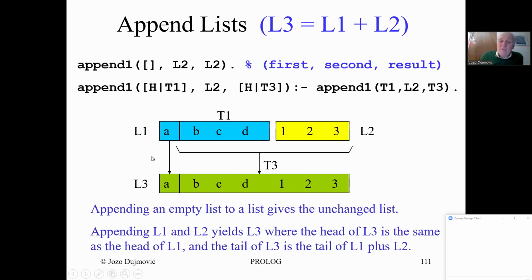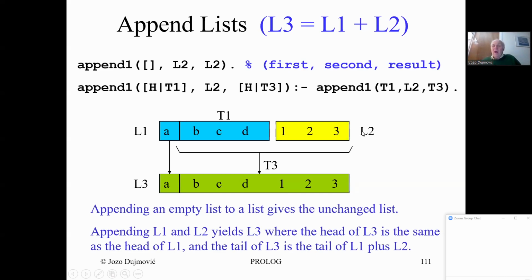Well, if you go from left to right, then you can say that appending this list 1 and list 2 will create the list 3 that has the same head as list 1. So this A has to be copied from list 1 to list 3. And the tail of this list 3, which is denoted as T3, will be obtained as tail T1 appended with 1, 2, 3, with list 2.